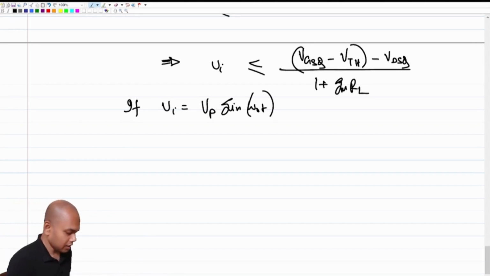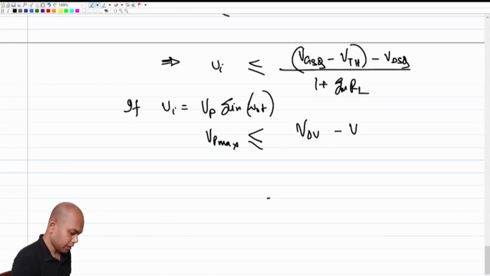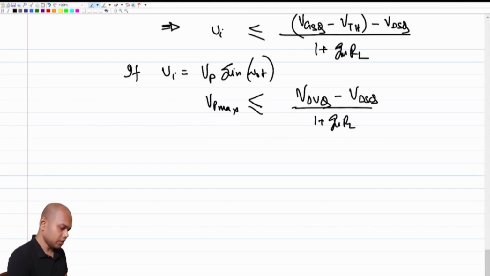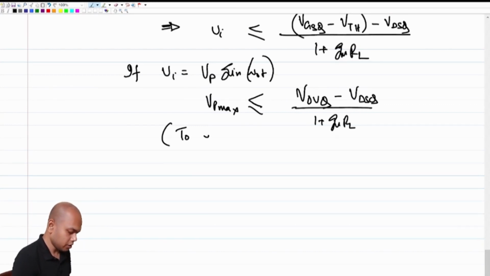The condition is telling us that in order to always ensure the transistor is in saturation, even when I have applied a sinusoidal input, your Vp max should be less than V overdrive minus VDSQ, divided by 1 plus Gm RL. Let me set V overdrive as quiescent, Q, because we are dealing with quiescent conditions there. So this is to ensure saturation.